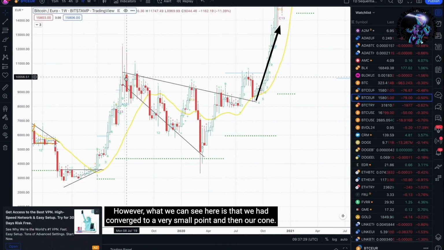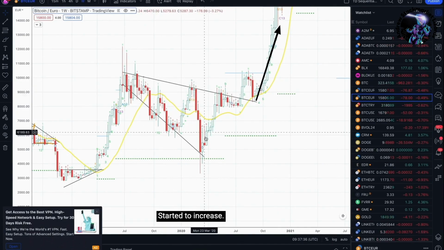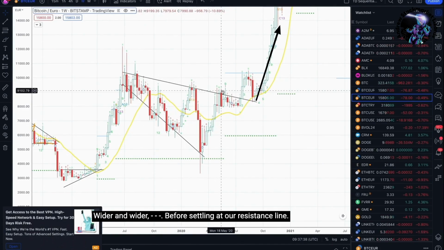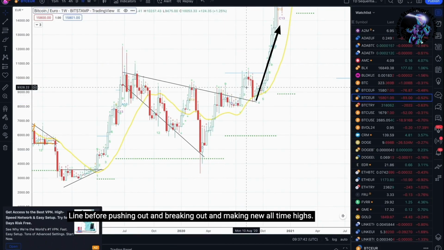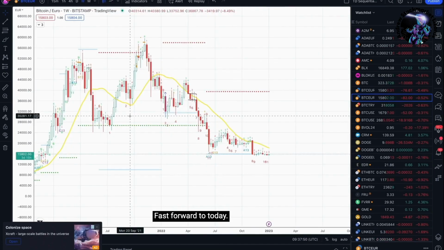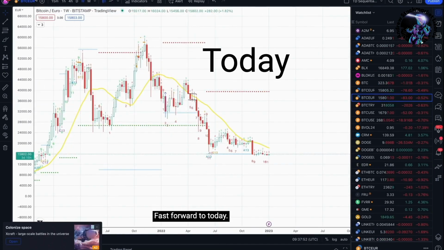However, what we can see here is that we had converged to a very small point, and then our cone started to increase wider and wider before settling at our resistance line before pushing out and breaking out and making new all-time highs.